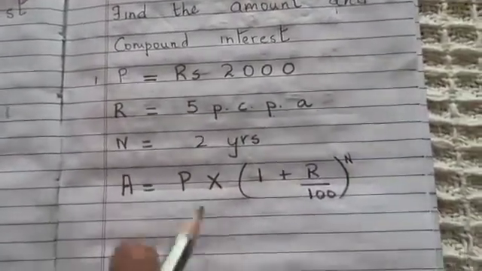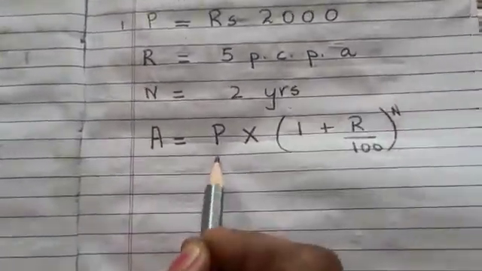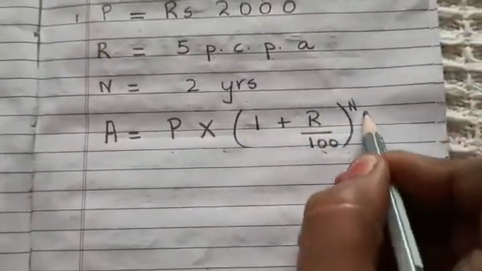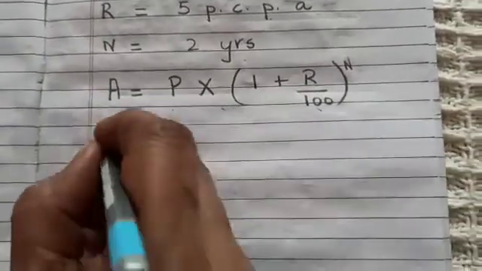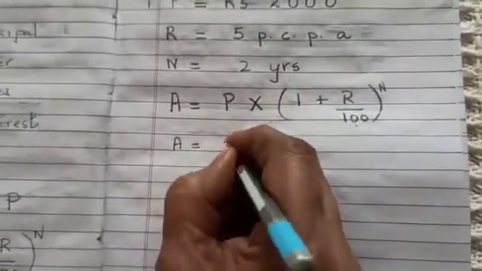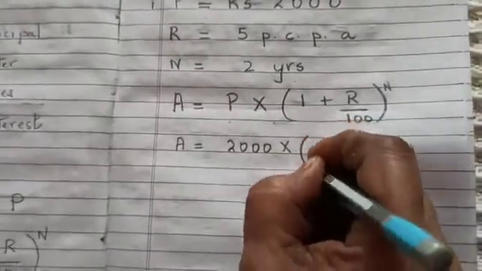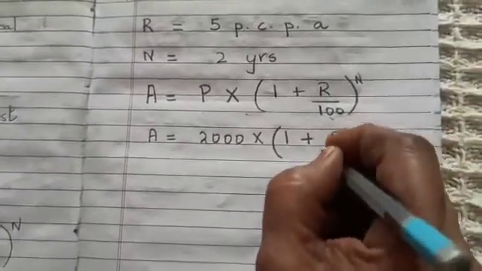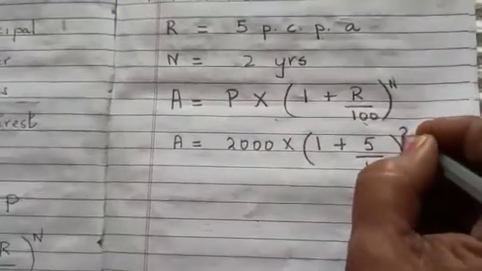The formula for finding out compound interest is A is equal to P into 1 plus R upon 100, the whole raised to the power of n. Now substituting the values, you have A is equal to 2,000 into 1 plus 5 upon 100, the whole raised to the power of 2.